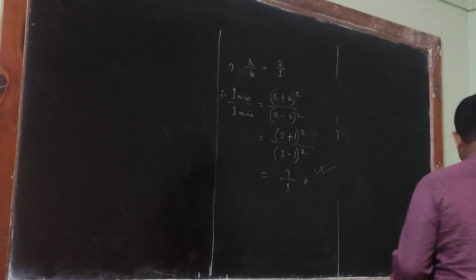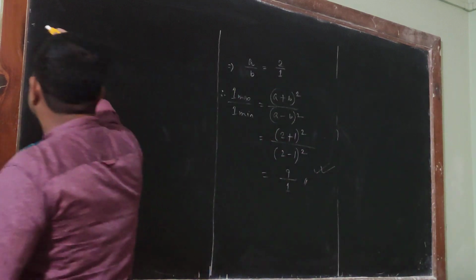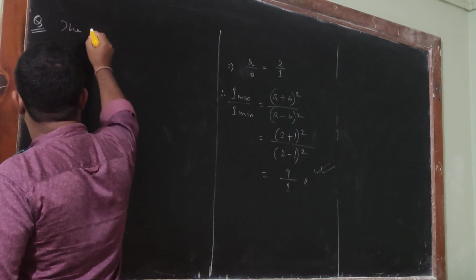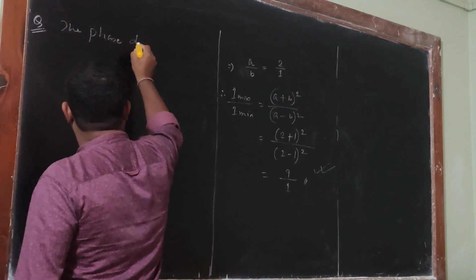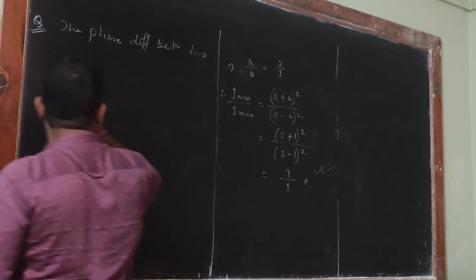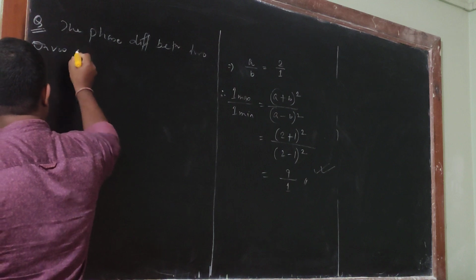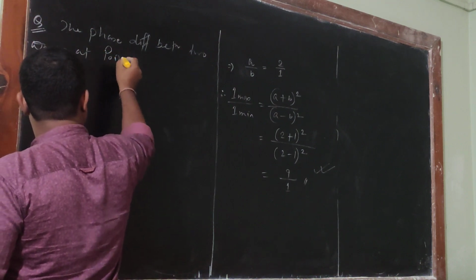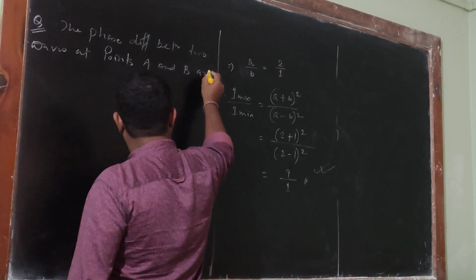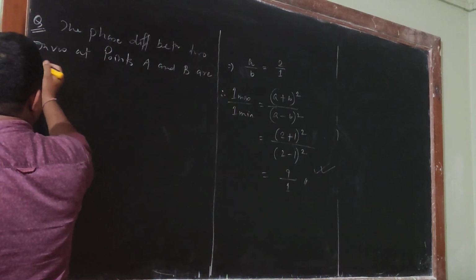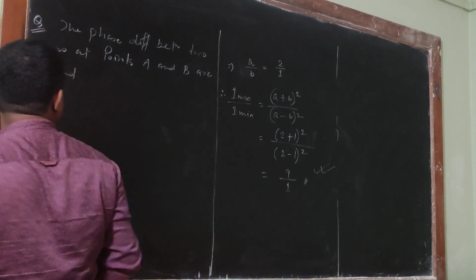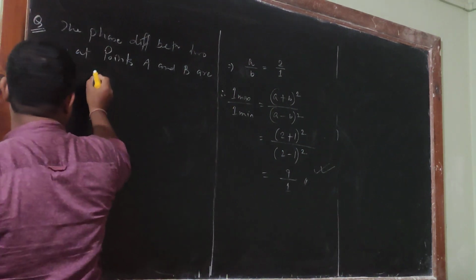So, take another question. The phase difference between two waves at points A and B are 0 and pi by 2.